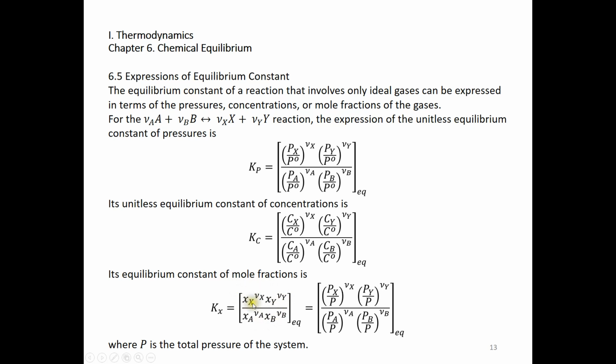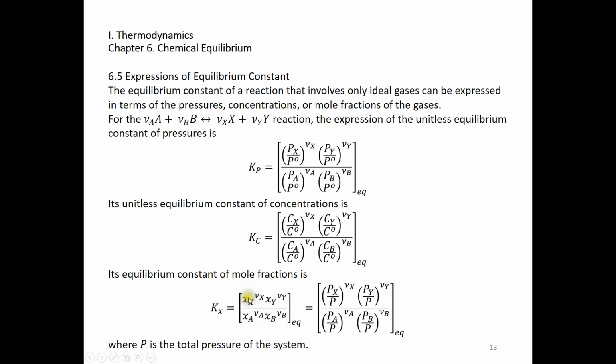We need to get the total number of moles of all gases, let's say denoted by N, and over here it's just the number of moles of X over N. We get the mole fraction of X. The mole fraction of Y is the number of moles of Y divided by the total number of moles N, and then we get the mole fraction of Y. Similarly, we get the mole fractions of A and B. And again, if this reaction system contains only these four ideal gases, the sum of the four mole fractions should be 1.